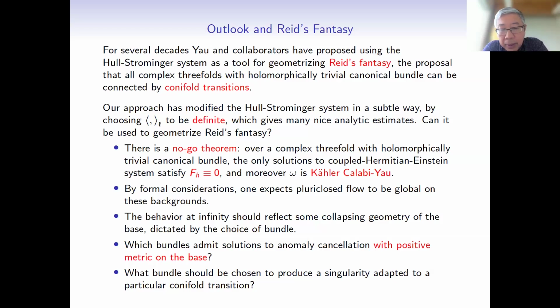In that particular case, you start with a singular space and then smooth it. You do a blow down from the Calabi-Yau threefold, blow down some rational curves, and then do a smoothing.